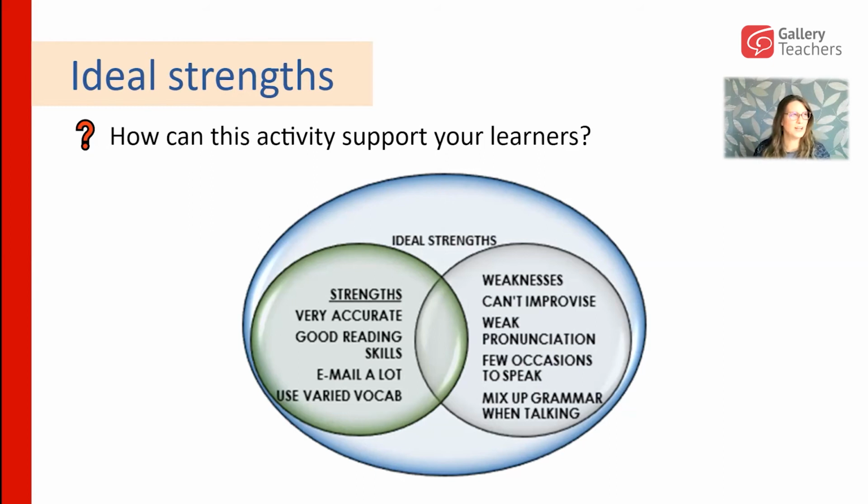And she said, one thing that I've just realized as we were talking about this is that my strengths are strengths because I'm actually paying a lot of attention to them and I'm practicing them a lot. And on the other hand, my weaknesses are weaknesses because I'm not really doing too much about them. So they could become strengths if I focused more on them. And I think there's one thing here which is really important, that I should find more occasions to speak.